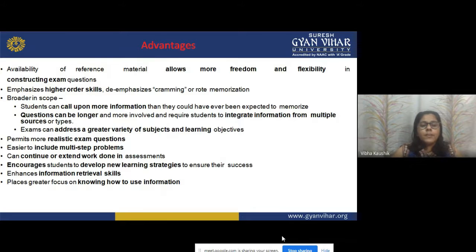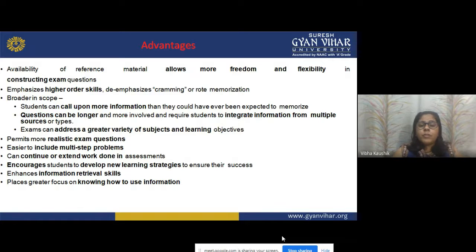Now, what are the different advantages of taking an open book exam? The first one is that availability of reference material allows more freedom and flexibility in constructing exam questions.